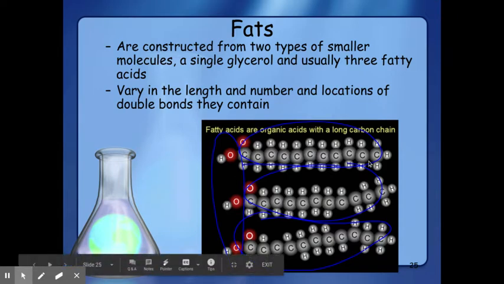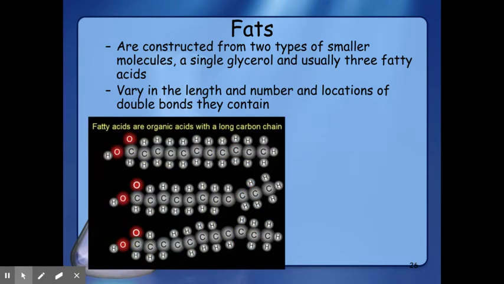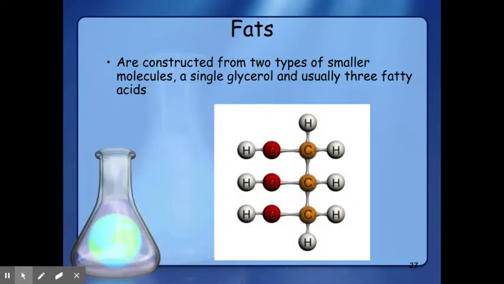So there's 3 fatty acids and a glycerol for each fat molecule. And again, you see that below. There are 2 types of smaller molecules. A single glycerol is usually attached to 3 fatty acids. They can vary in length and number, and also the locations of a double bond, and I'll get into that in a little bit. This is what a glycerol would look like, and then your hydrocarbons would come off of that.